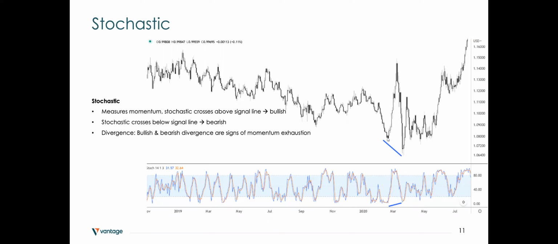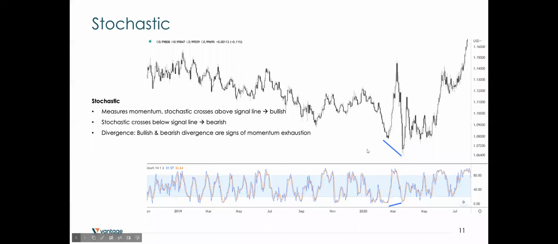But if your price makes a lower low, but your stochastics make a higher low, then we'll say that this is a divergence. So prices move down, but the momentum is lower than what it was previously, and hence this is a signal of a reversal.